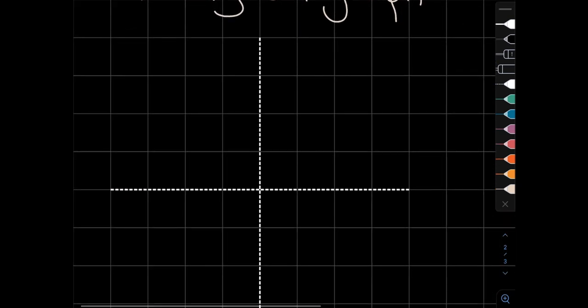Now, let's talk about graphing. What's going on the graph? Well, let me tell you something. When you look at a parabola on a graph, take a look.